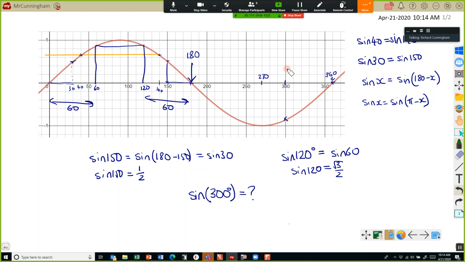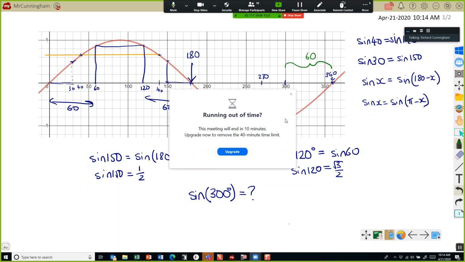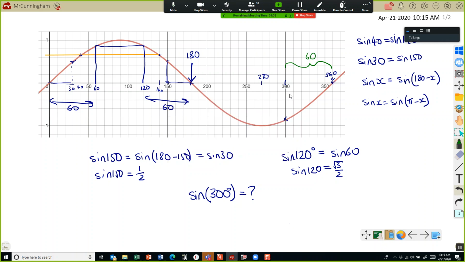Somebody else, apart from somebody in the standard level, 300 degrees is how far away from 360? 60. Okay. So this value here, oh, I'm running out of time. This value, sine of 300, is going to be the same as what on this side?